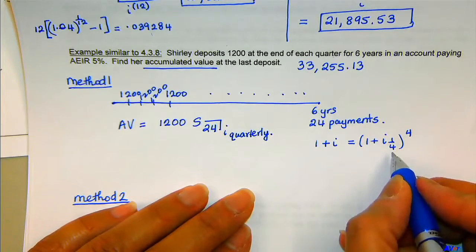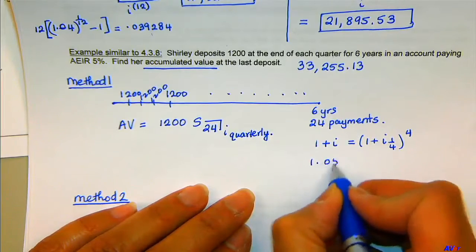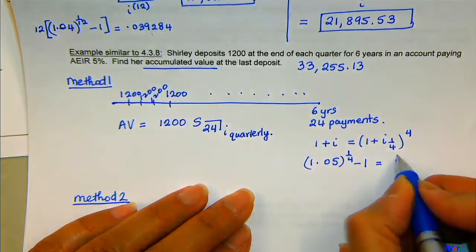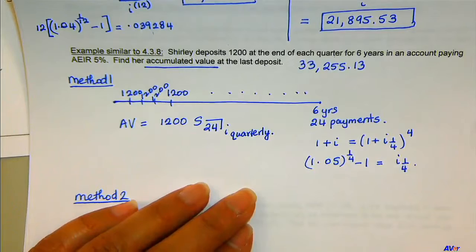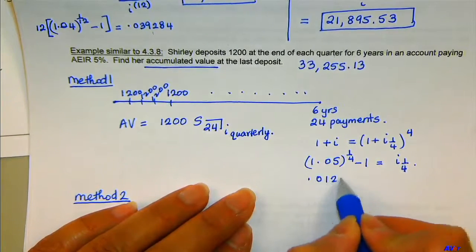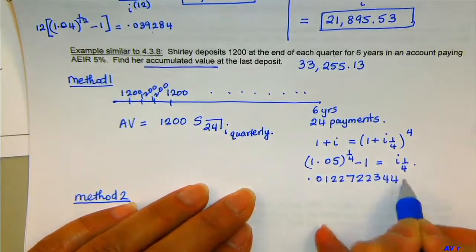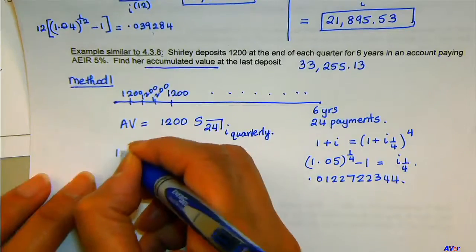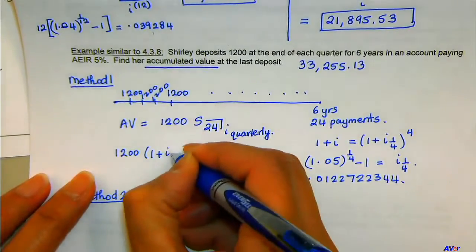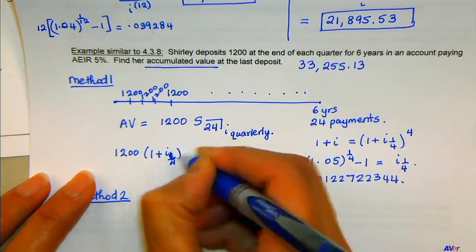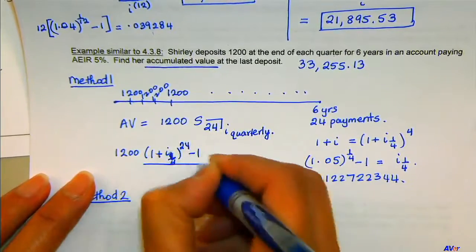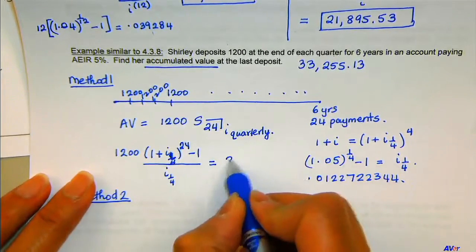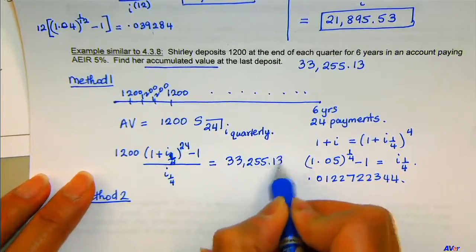I'm looking for I 1 quarter, so 1.05 to the 1/4 power minus 1 equals I 1/4. This turns out to be 0.122722344. And that's this I that I'm using here, I quarterly. So 1,200, 1 plus I quarterly to the 24 minus 1 over I 1/4. Turns out to be 33255.13. That was method 1.